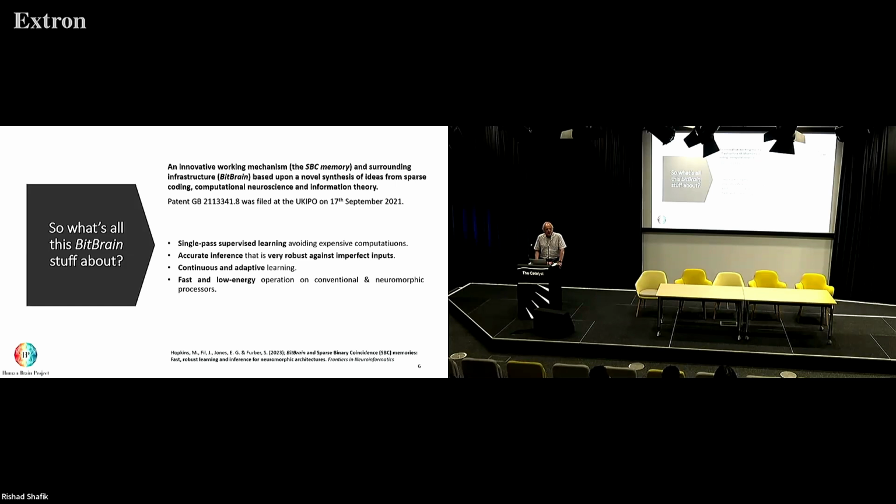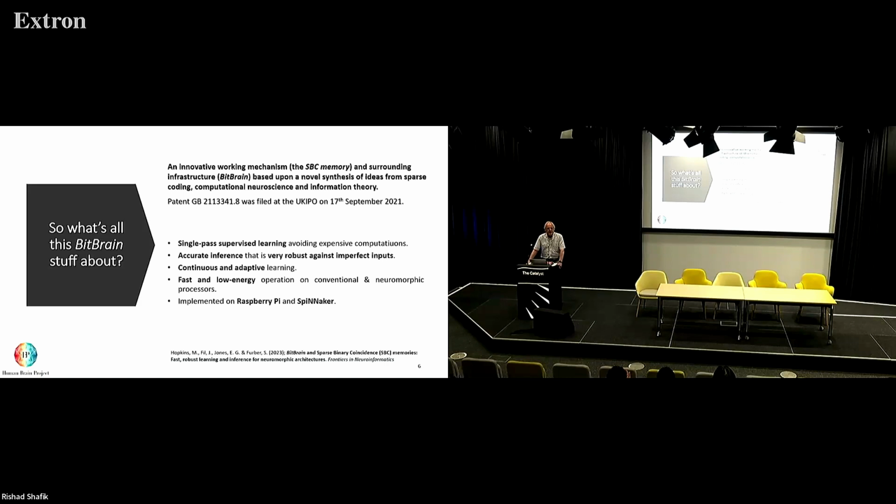And we've demonstrated that this mechanism operates quickly and with low energy requirements and can be implemented on conventional computers in software pretty efficiently. I'll also show it can be implemented on SpiNNaker, which is a neuromorphic system. It has quite neural-like properties, and it could be implemented even more efficiently on dedicated hardware if we could find the resource to put that together.